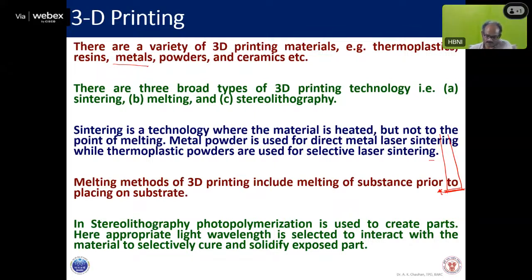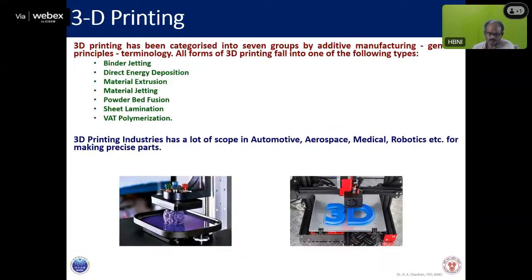In stereolithography, photopolymerization is used to create parts. Here, an appropriate light wavelength is selected to interact with the material to selectively cure and solidify the exposed part. So you actually use light to photopolymerize wherever you want to solidify. 3D printing has been categorized into mainly seven groups by additive manufacturing general principles and terminology.